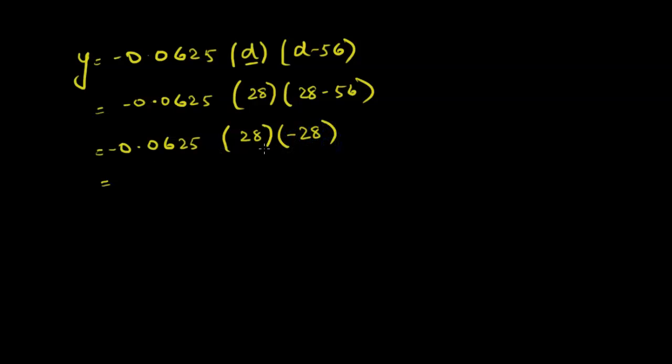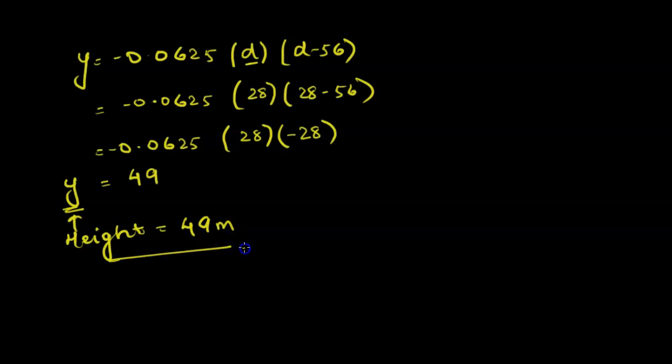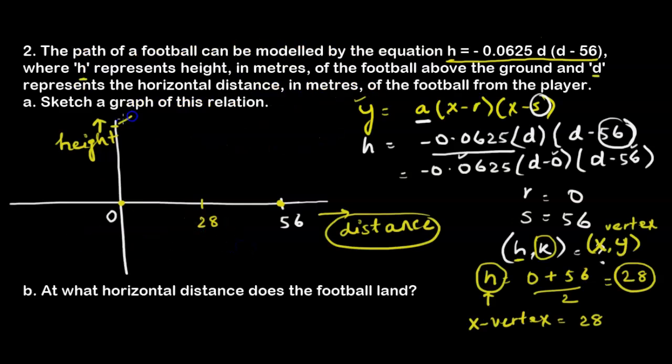When we put this all on the calculator, we will get a positive 49. And this y value is nothing but the height on the y-axis. So we get height as 49 meters, or this is the maximum point of the parabola. So we would be marking this vertex or the maximum point at (28, 49).